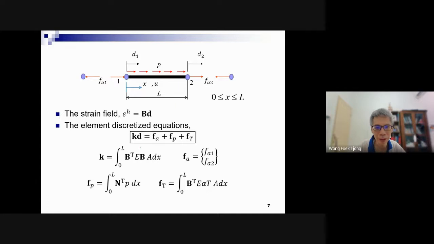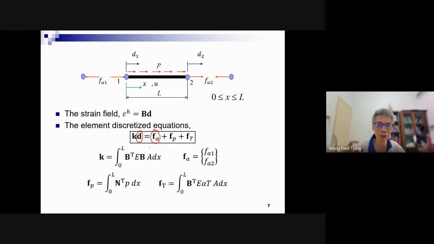The first one is, of course, this one. Second one, this one, unknown. So how can we solve these equations? Because to solve this equation, we should know either this or this one. But this is unknown. No, we cannot solve directly.